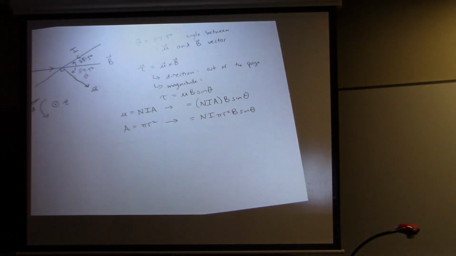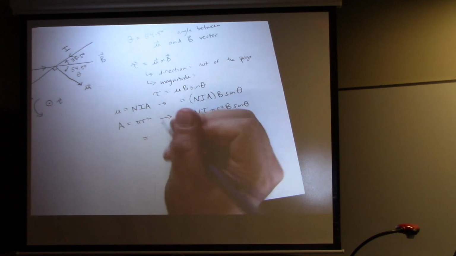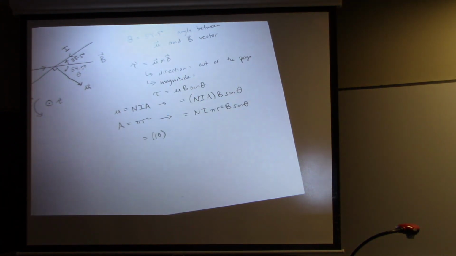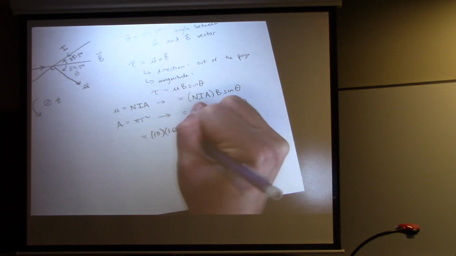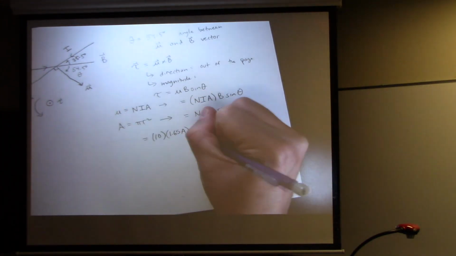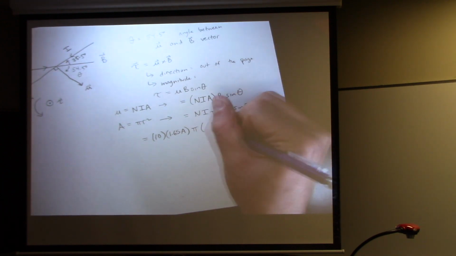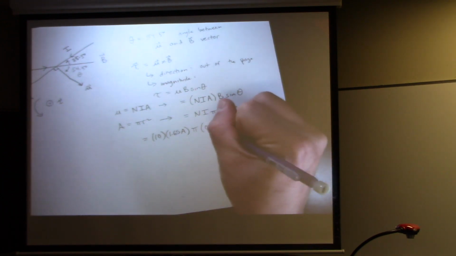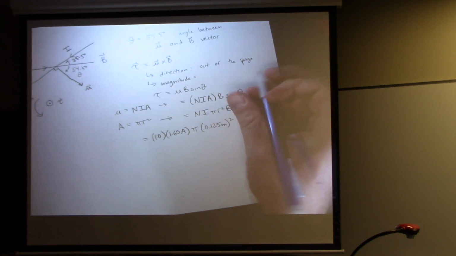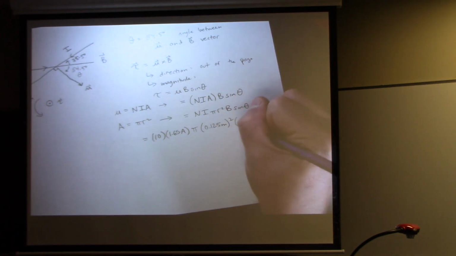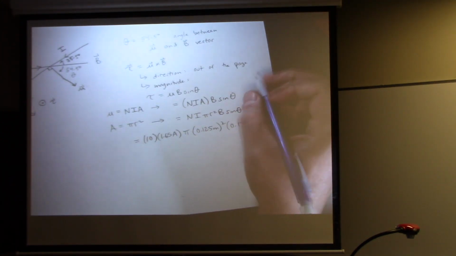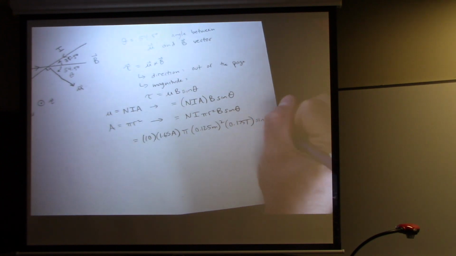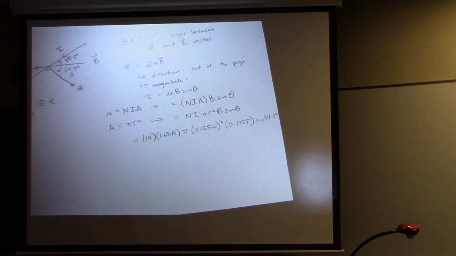Okay, now we're finally ready to calculate the torque. So here's what it looks like. We have 10 turns of wire, so N is equal to 10. The current in the loop is 1.65 amps. Pi, the radius is 12.5 centimeters, or 0.125 meters, square it. The B field has a strength of 0.175 Tesla, and then the angle is 54.5 degrees.